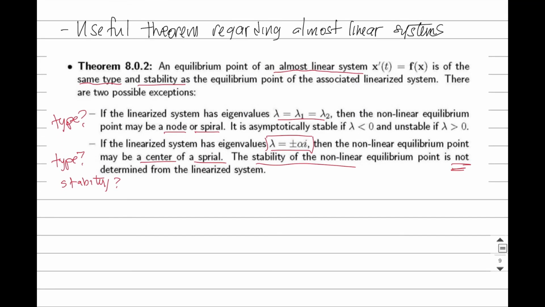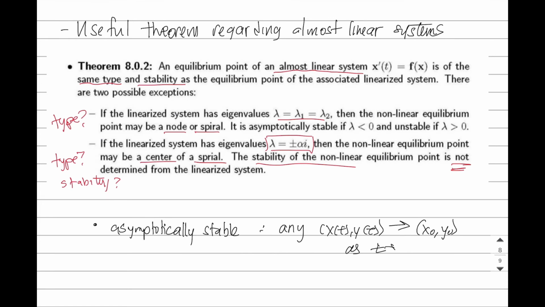When we talk about stable or unstable, there's something called asymptotic stability, or asymptotically stable. This is when you've got some equilibrium point and any x of t and y of t have to approach the equilibrium point as time goes to infinity.